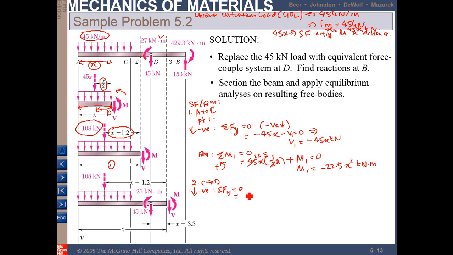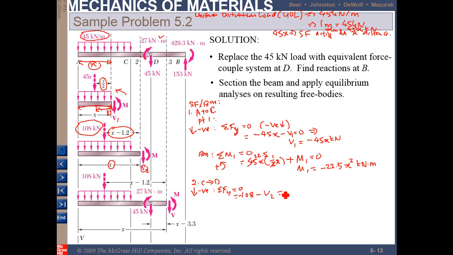So the summation of all forces at point 2 is equal to 108 kilonewton, minus, because the direction is going downward, minus the 108 minus V2.